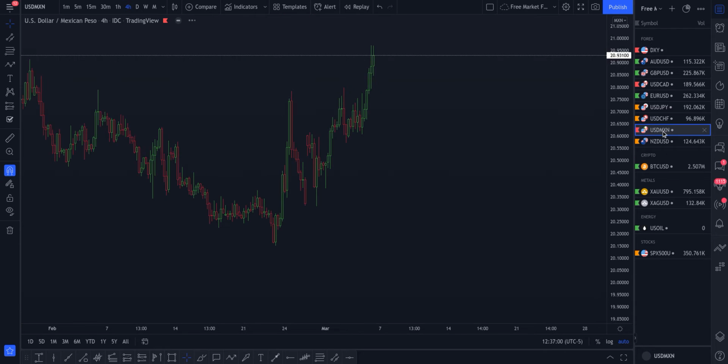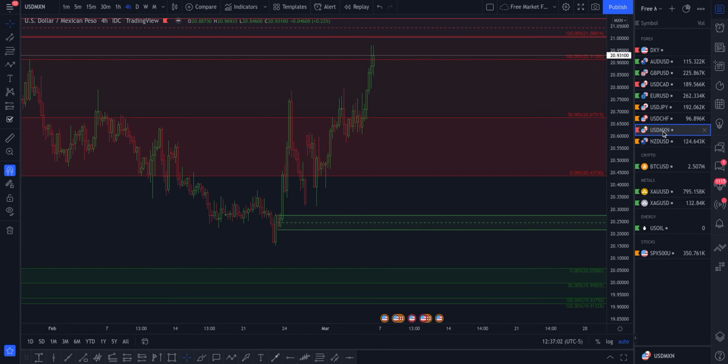All right, let's take a look at the Mexican peso. Short-term institutional bias is short. We have made our way high up into this institutional distribution slash supply area.